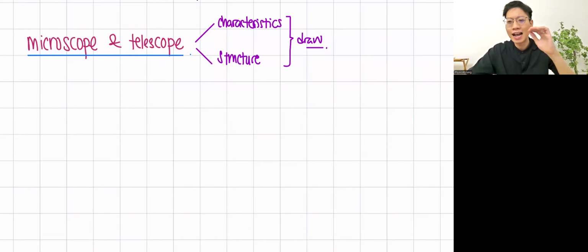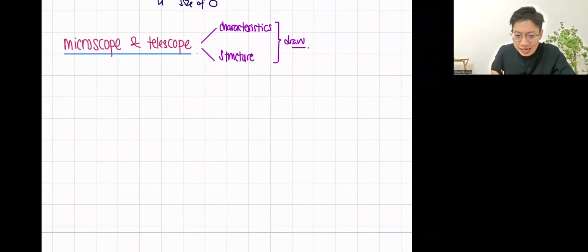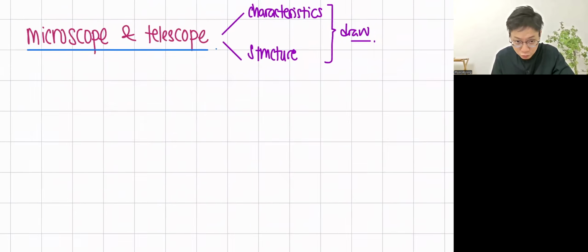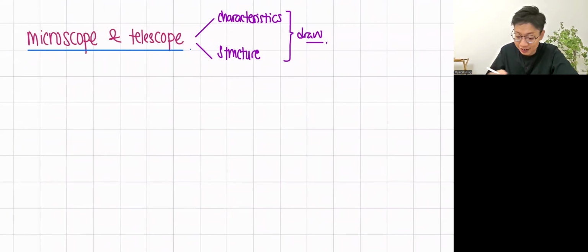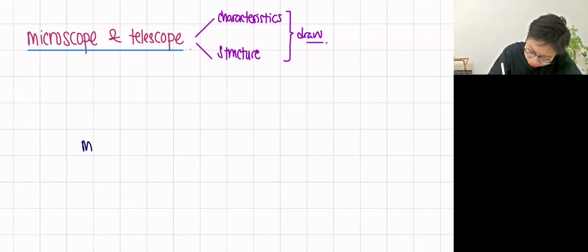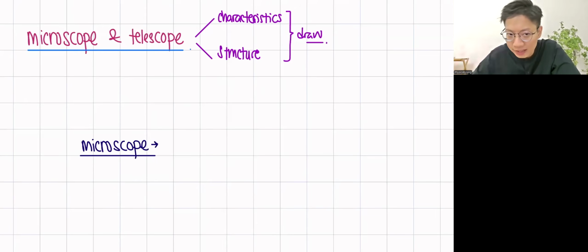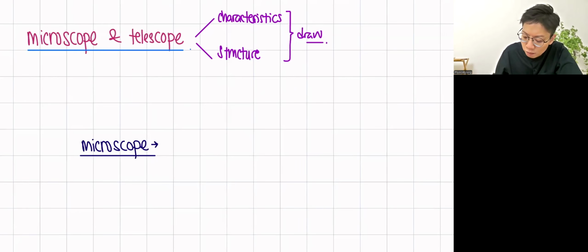Guys, I'll test you with one question first. If you can answer this properly, you are ready to learn microscope and telescope. If you can't answer this question, you're not ready. First question: at the end, does the microscope want to produce a magnified image or a diminished image?